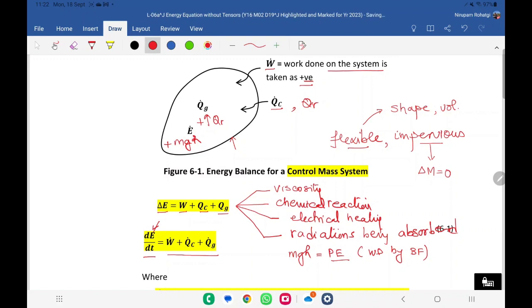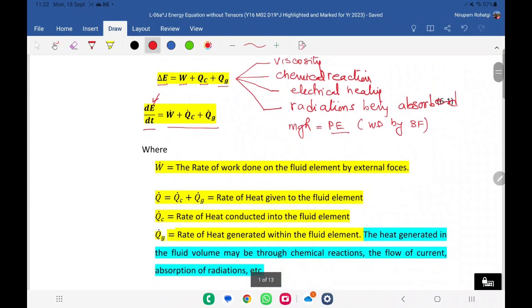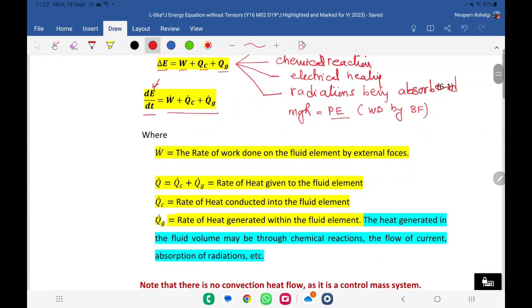It comes as potential energy, work done by the body force. And the body force, at least in this case, is gravity. Okay, so now let us move ahead. What are these terms? W dot is the rate of work done on the fluid element by external forces.